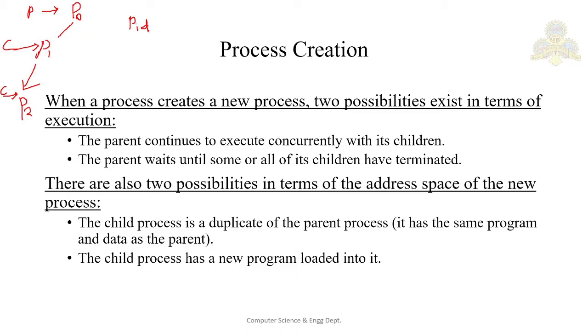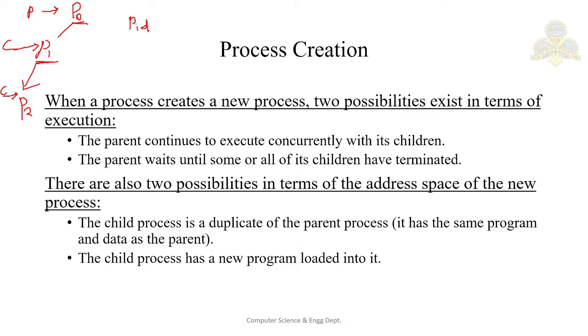When a process creates a new process or child process, two possibilities exist in terms of execution. Take the same example: whenever parent process P0 has created child P1, execution can happen in two ways. The parent process can continue to execute concurrently with its child or children, or else the parent has to wait until some or all of its children have terminated.